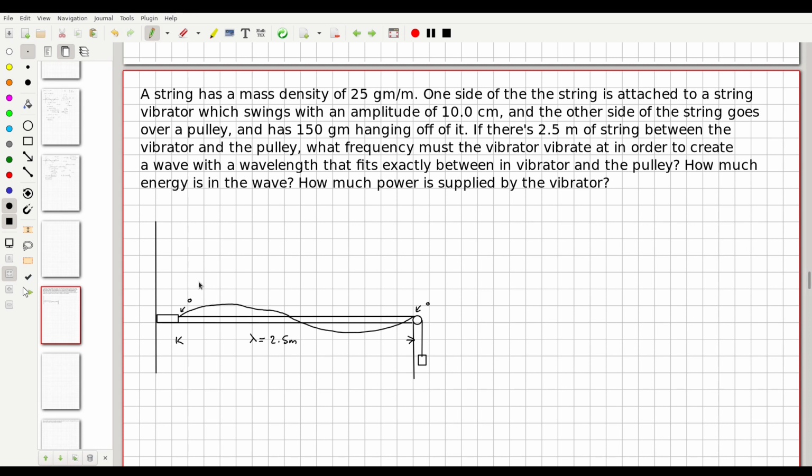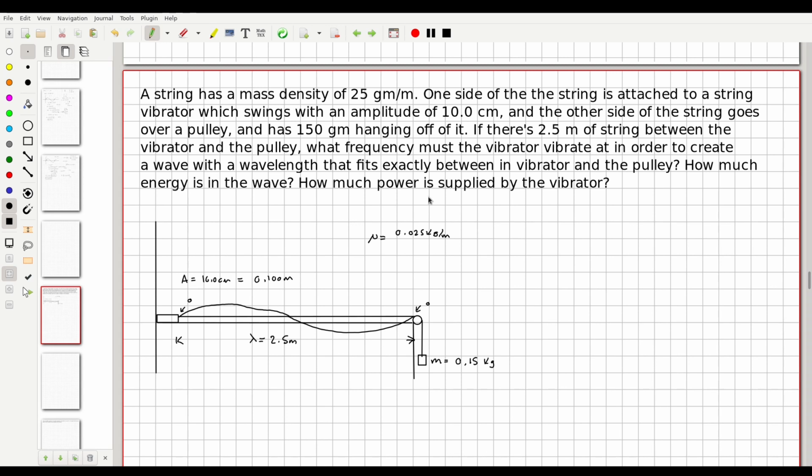Now, we have the amplitude that this thing is being vibrated at. It's 10.0 centimeters or 0.100 meters. We have the mass hanging off the end over here, which is 150 grams or 0.15 kilograms. We have the mass density, mu, which is 0.025 kilograms per meter.